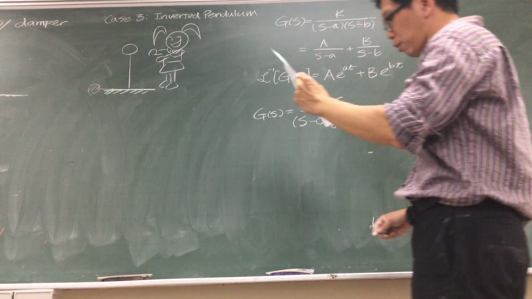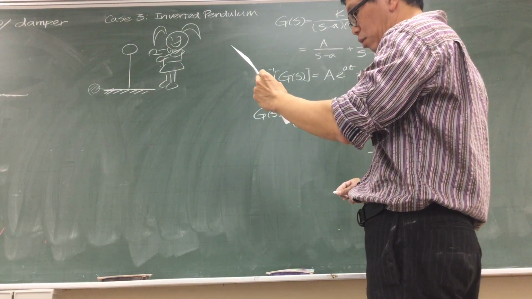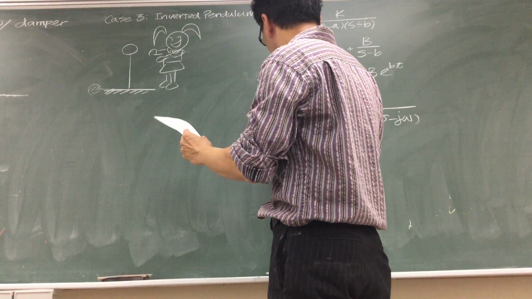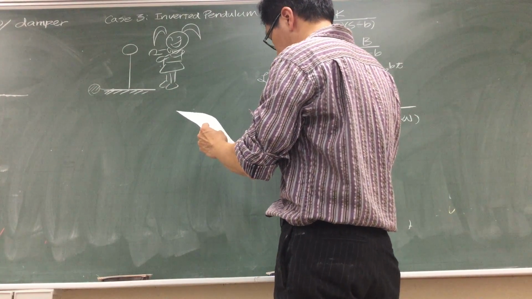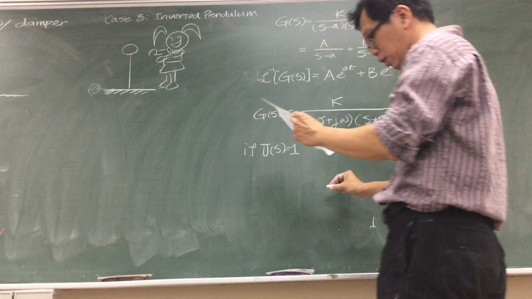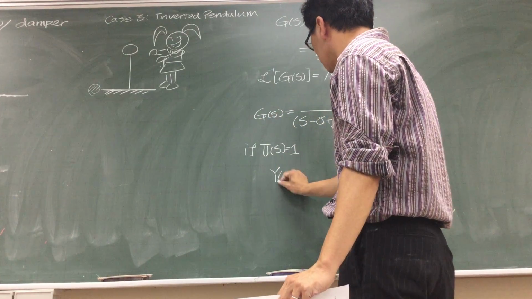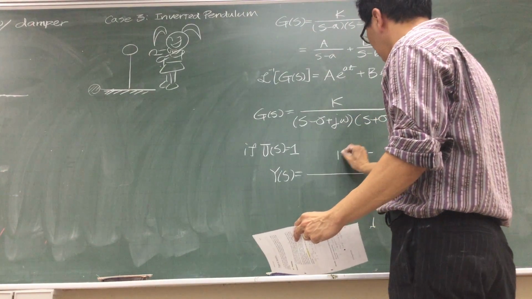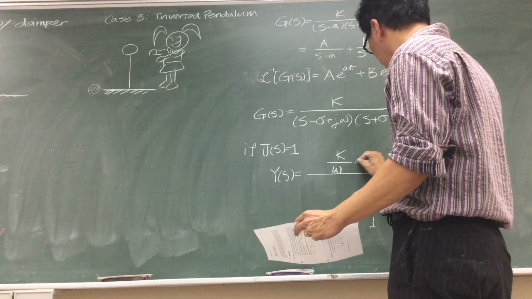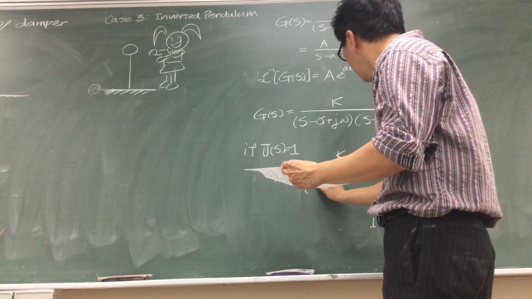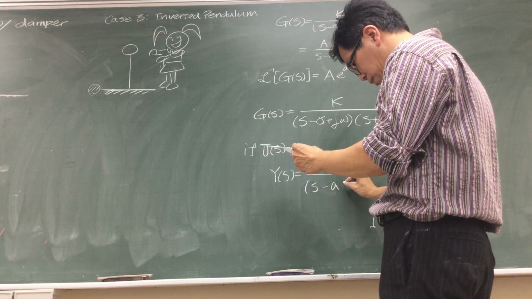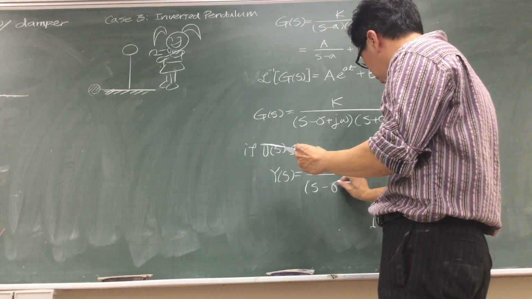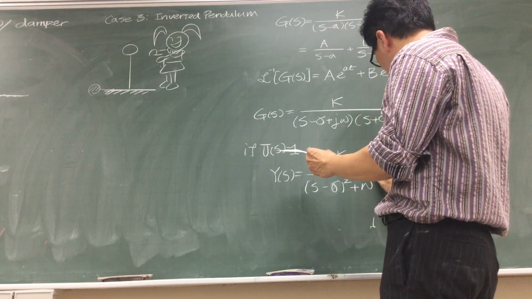So if you do the inverse Laplace transform, you're going to find out, if U of S equals 1, this one over here, Y of S is going to be K omega over S minus rho squared plus omega squared.